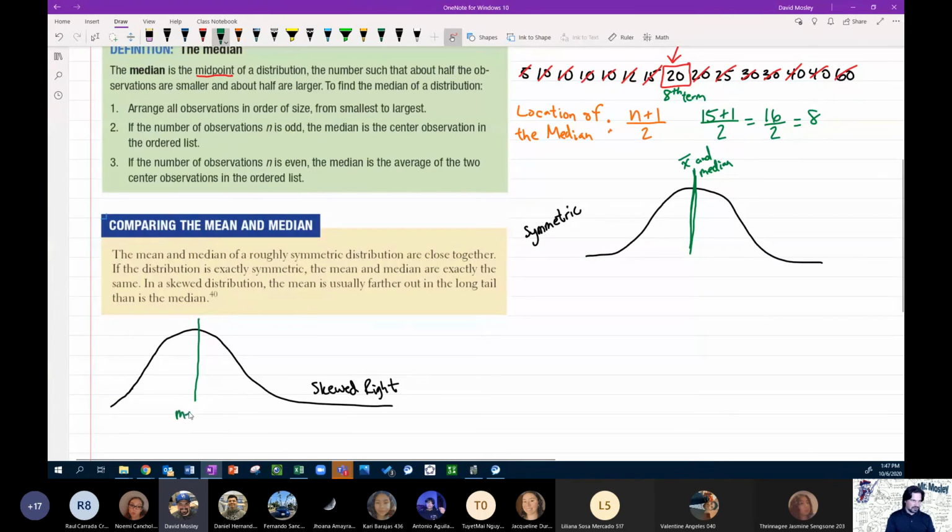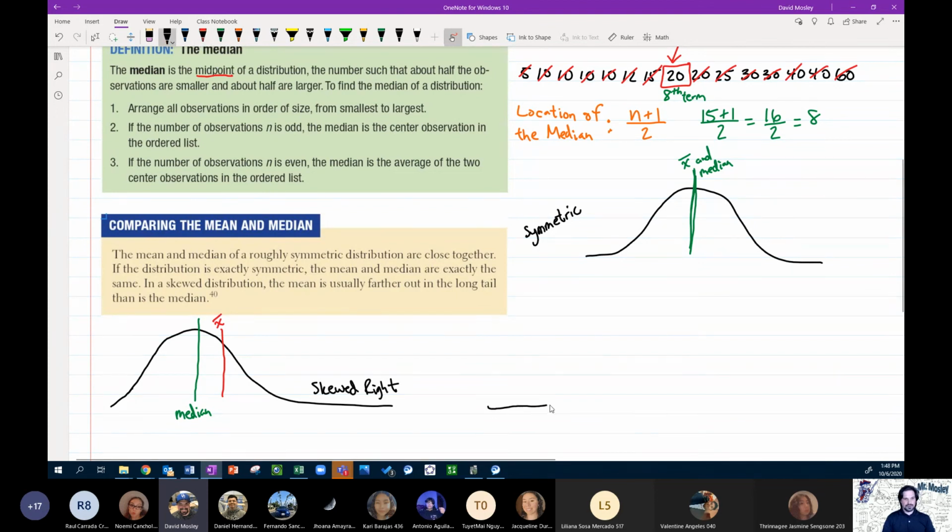But the mean is going to get pulled over to the side of the skew. So the mean, depending on how extreme the outlier is, or how extreme the skew is, is going to get pulled farther to the right, in the direction of the skew.